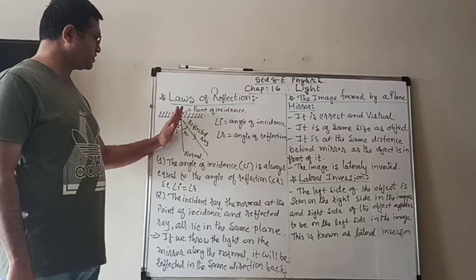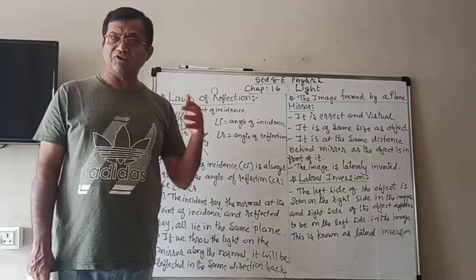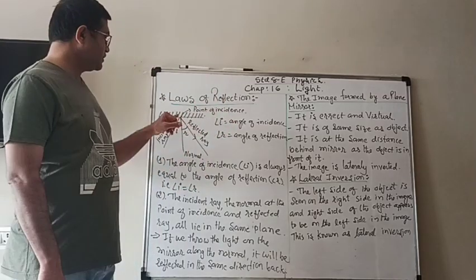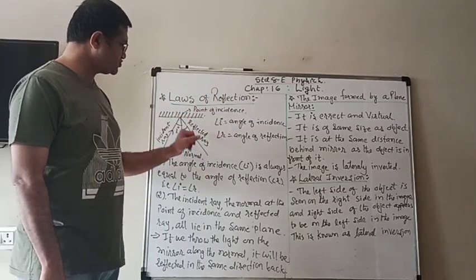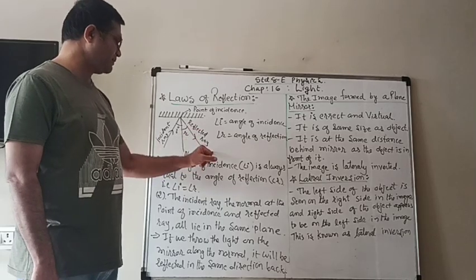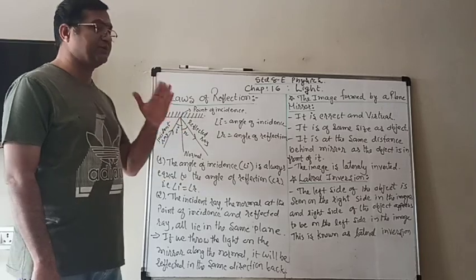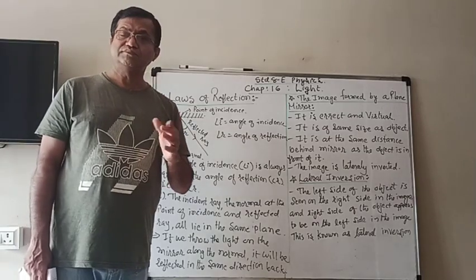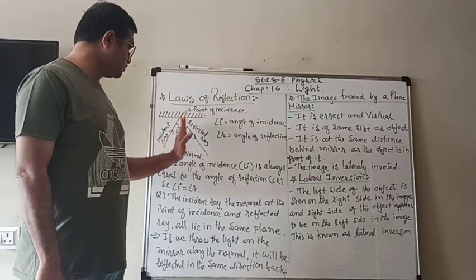Here this light is directed towards the mirror, falling on the mirror. It is falling on this point, which is known as the point of incidence, and this way it will reflect back. Then by using a protractor or set square, you can draw a normal here.